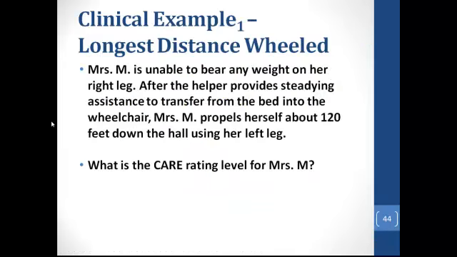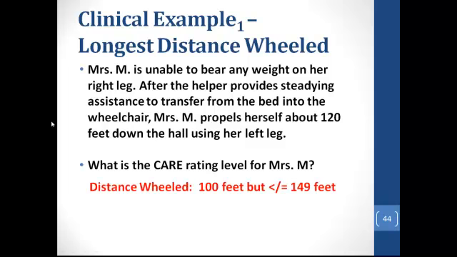Let's look at example number 1. Mrs. M is unable to bear any weight on her right leg. After the helper provides steadying assistance to transfer from the bed into the wheelchair, Mrs. M propels herself about 120 feet down the hall using her left leg. What is the care rating level for Mrs. M?